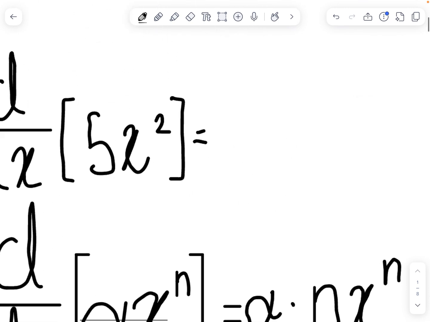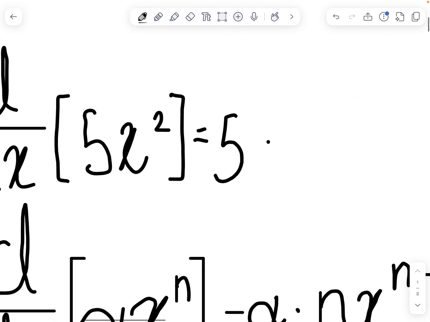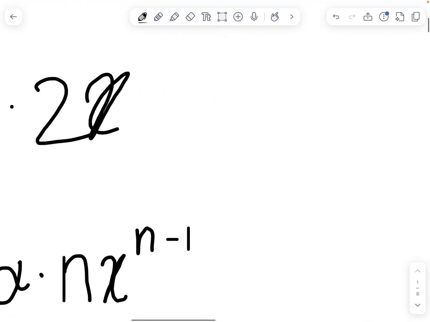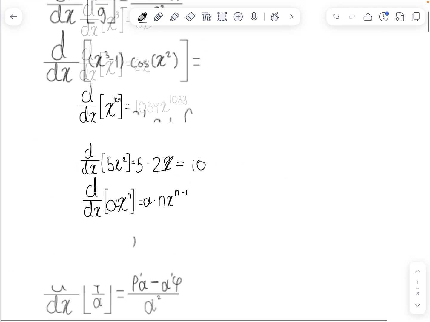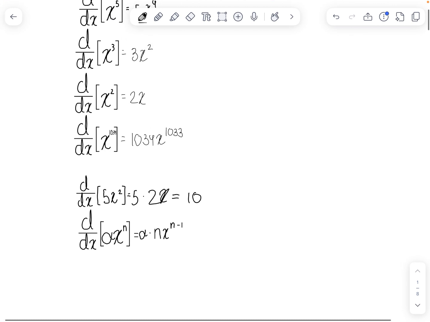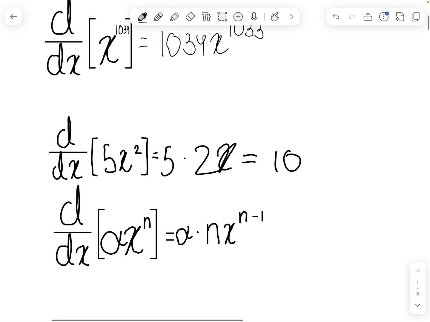So this will just be 5 times 2x, which would equal 10x. So that is the power rule with coefficients.